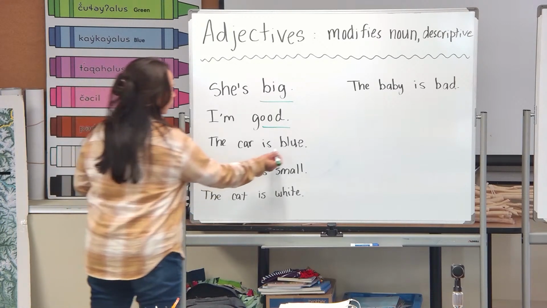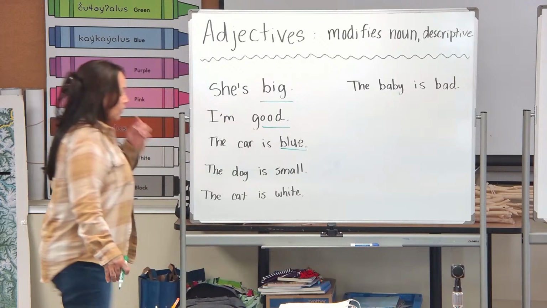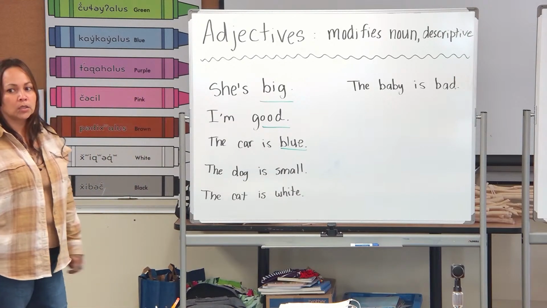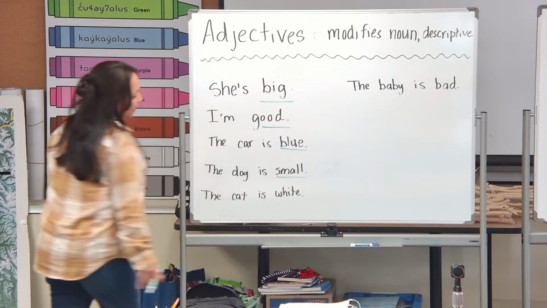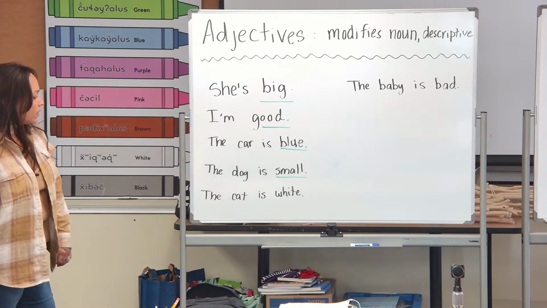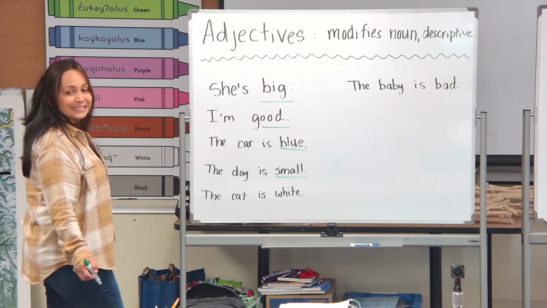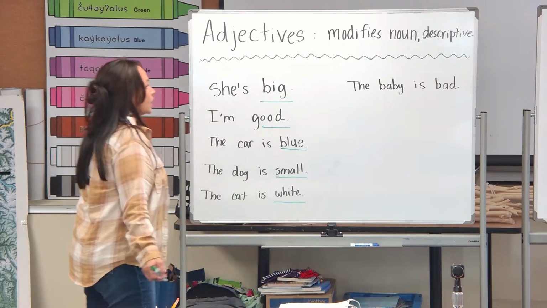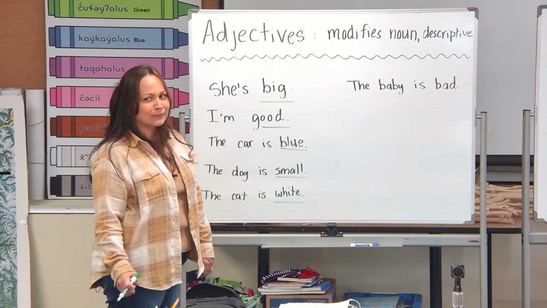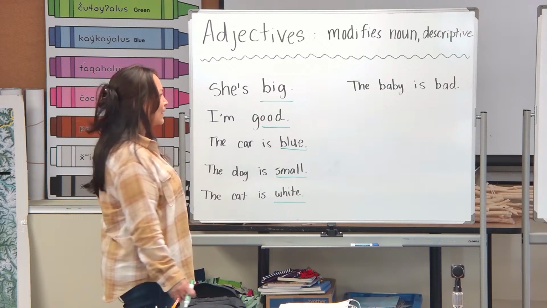Blue. The dog is small. Small. Yep. We're describing that dog, and that dog is small. The cat is white. Adjective is white. The baby is bad. Bad baby.